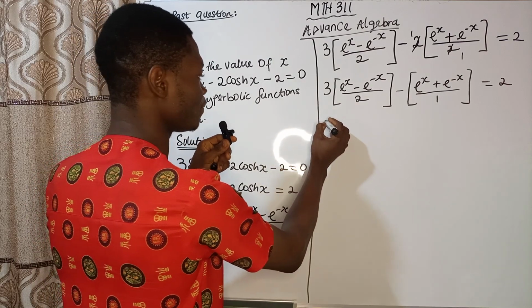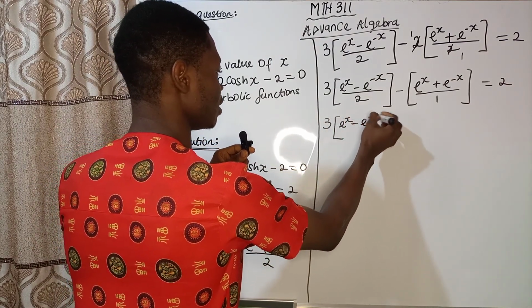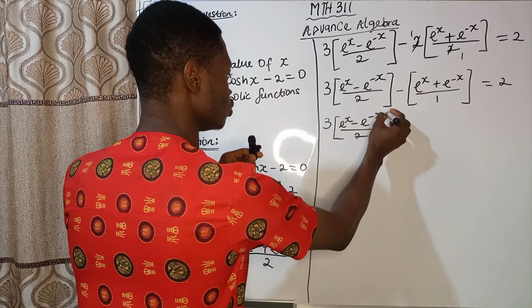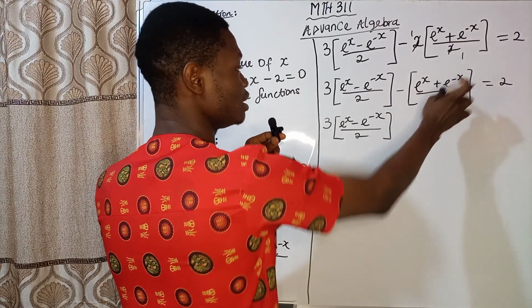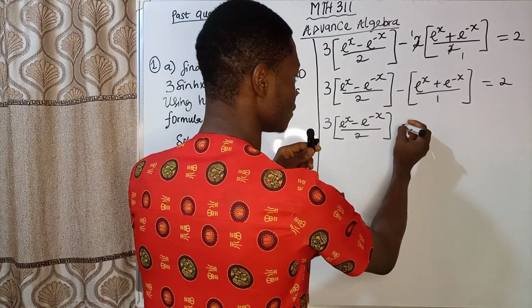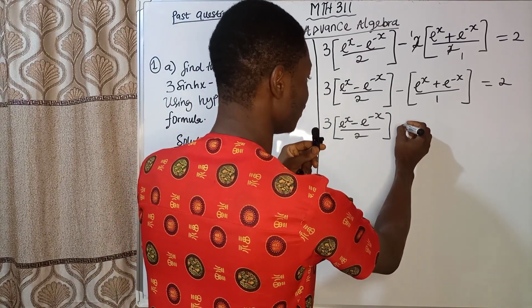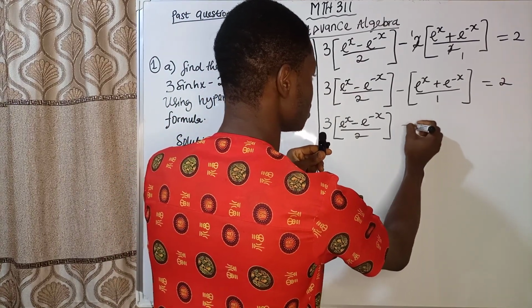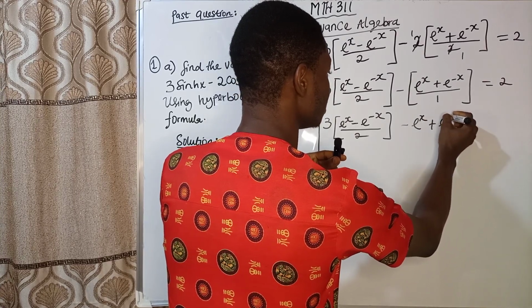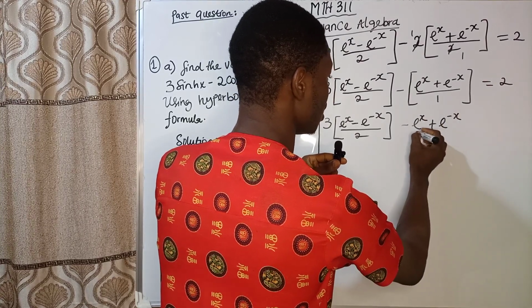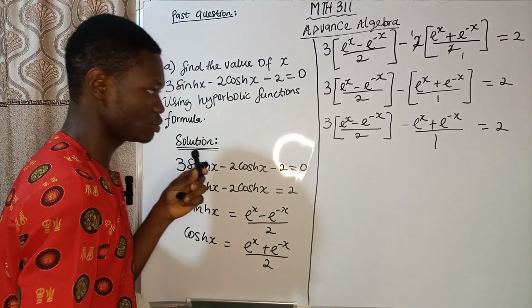So we have 3 brackets e raised to the power of x minus e raised to the power of minus x, all over 2. We close the bracket. So minus 1, we open this parenthesis here. Or let us not open it now. We have minus e raised to the power of x plus e raised to the power of minus x, all over 1, is equal to 2.